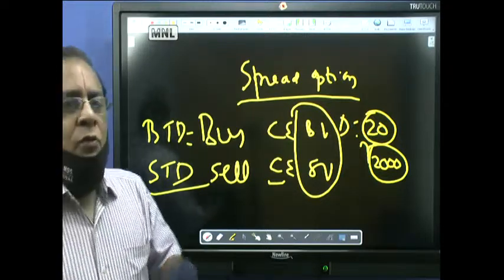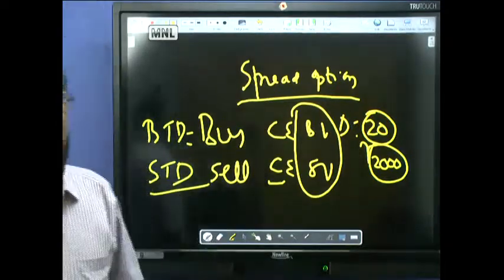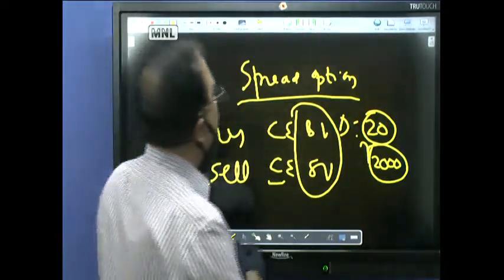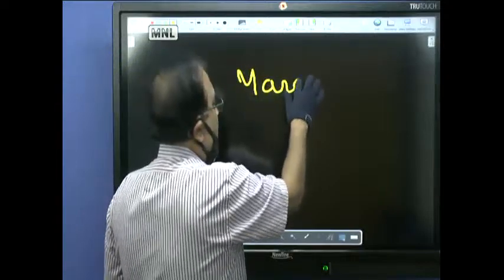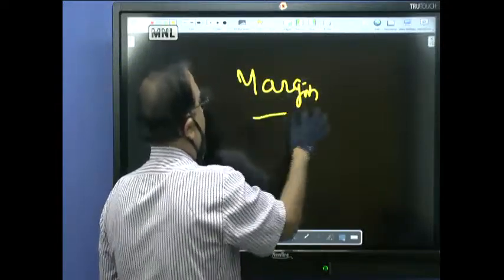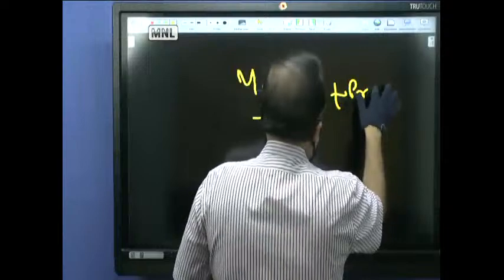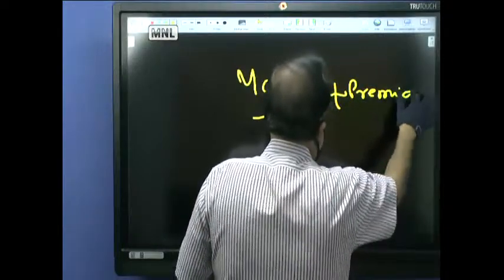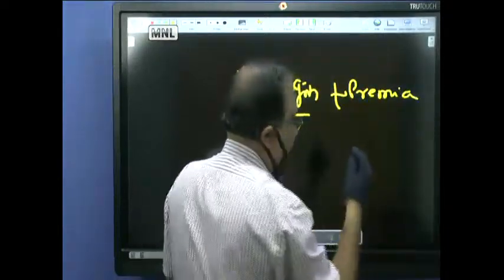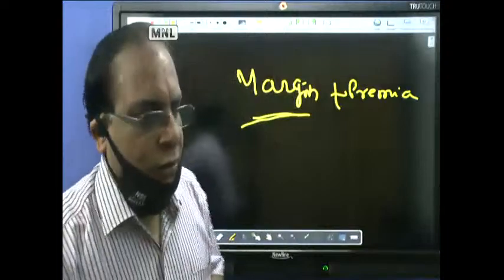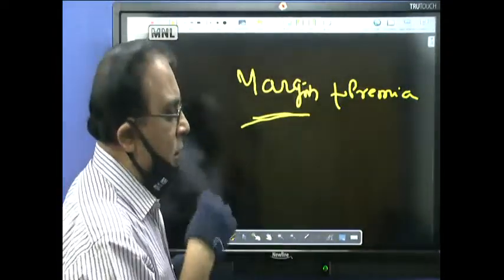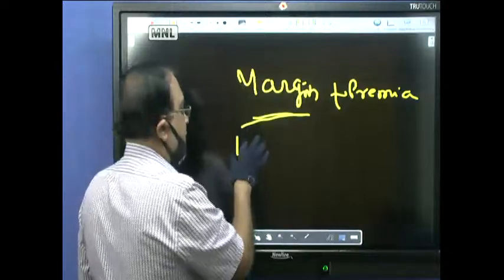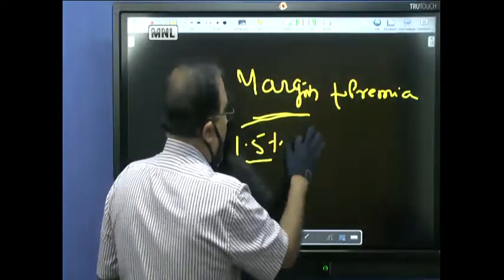Now what is the investment in that particular case? The investment is the margin, because you are creating an F&O spread trade. So what is the margin? What is the premium? Now you're buying one option and selling another option. You know very well that these days for a hedged contract, on the sell side of the leg, they are charging an exposure margin of 1.5% of contract value.